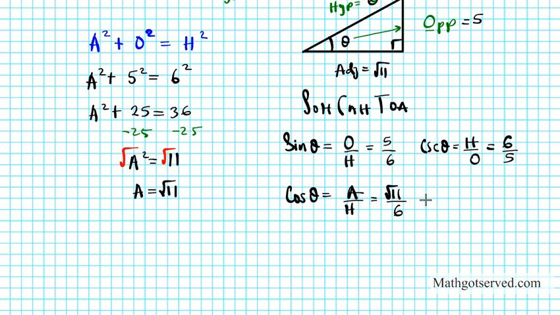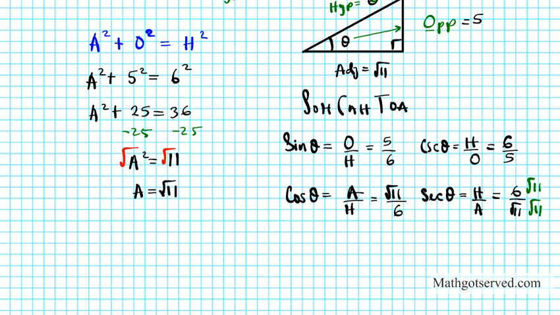Now, from that I can determine my secant. Secant theta is hypotenuse over adjacent, which is 6 over root 11. Just reciprocate this. Well, we cannot have a square root in the denominator, so we have to rationalize the denominator. So multiply by root 11, top and bottom.